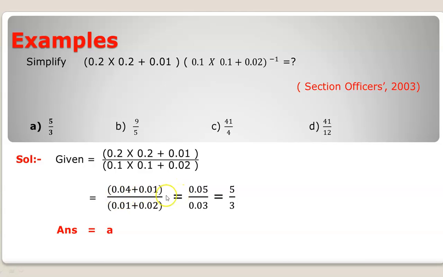Adding these two numbers, it is equal to 0.05 divided by 0.03, which is equal to 5 upon 3, because if the numerator and the denominator of a fraction contain the same number of decimal places, then we remove the decimal sign. That's why it can be written as 5 upon 3, and answer A is the correct option.